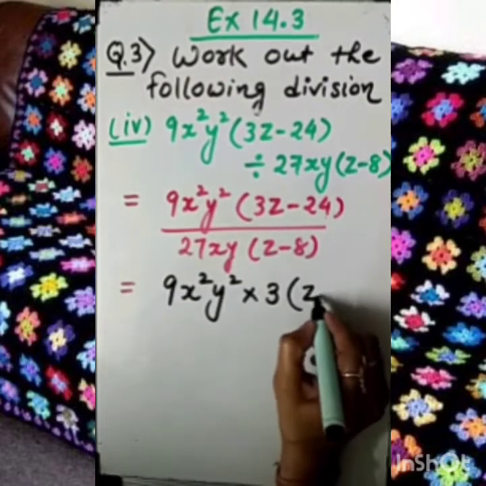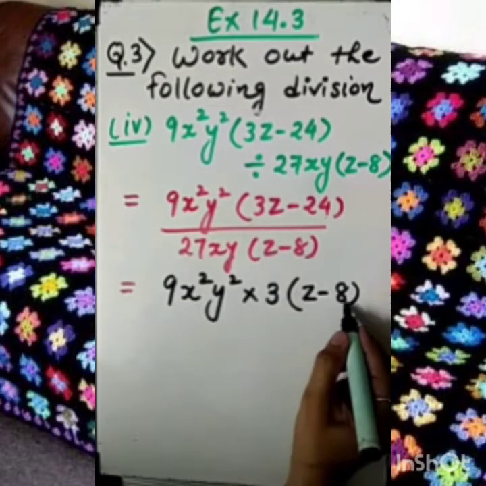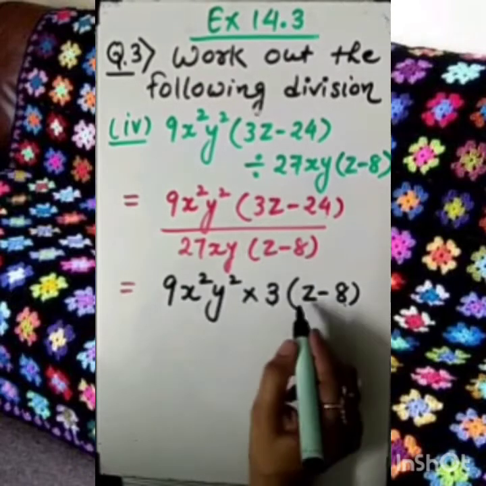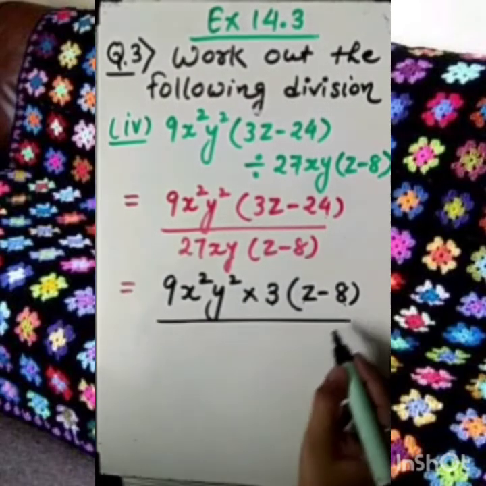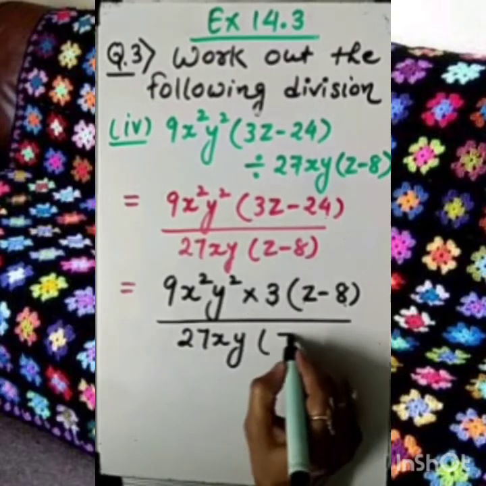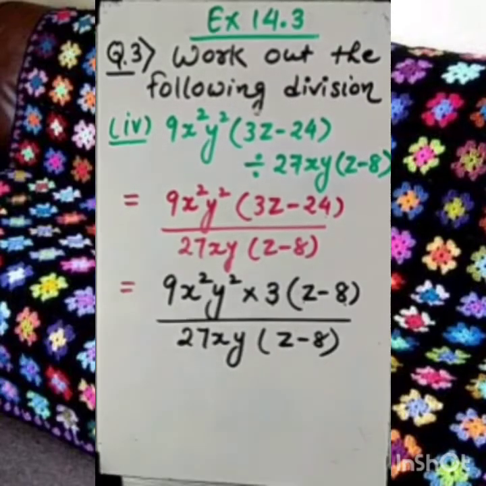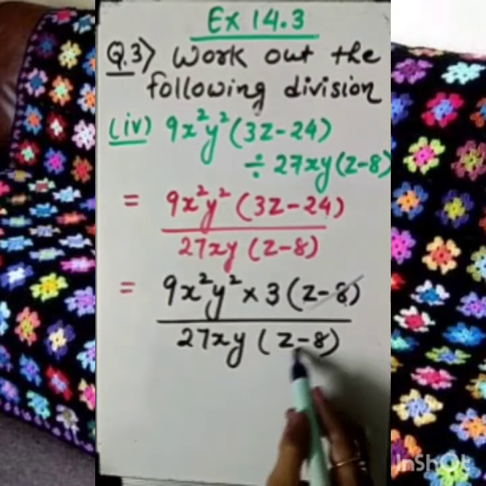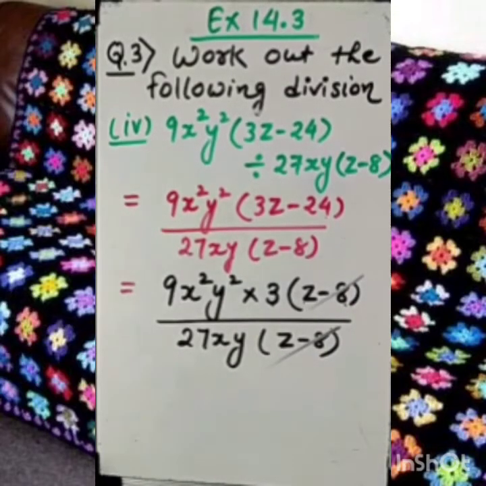So I will have here z minus 8, because 3 eights are 24, and 3 I have already taken outside. In the denominator we have 27xy (z minus 8). Now carefully you can see which term can be cancelled. Okay, let's see which one we can cancel. z minus 8 and z minus 8 cancel.